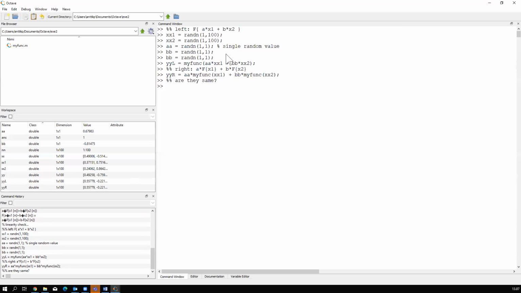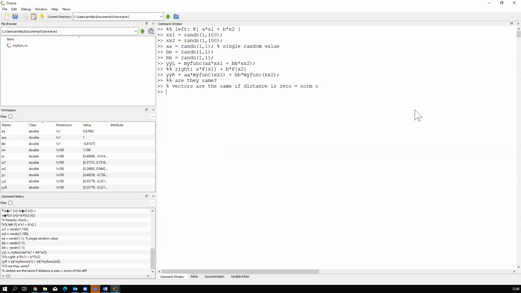Okay, we have 100 values in a table, which means that they are vectors. When two vectors are the same, distance is 0, meaning norm of the difference. Strange.